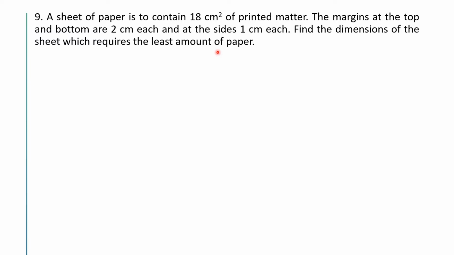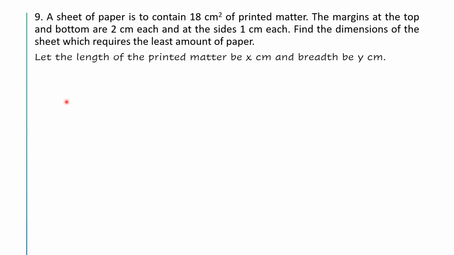So let the length of the printed matter be x centimeter and the breadth be y centimeter. So if we have the printed matter here, inside this sheet of paper, here it is given the margins at the top and bottom are 2 centimeters each and in the sides it is 1 centimeter each.